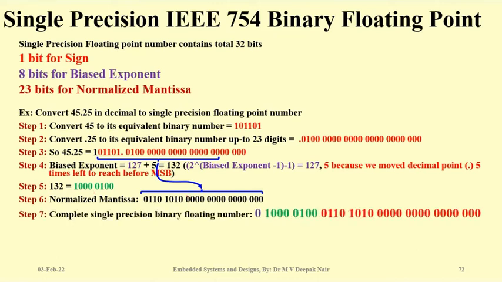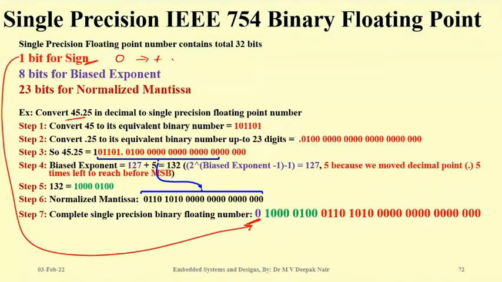Now you have 132's equivalent and the mantissa. You combine them. Why has the 0 appeared here? This is the sign bit. Why the 0? Because this number is positive. So 1 bit for the sign: 0 for a positive number, 1 to represent a negative number.